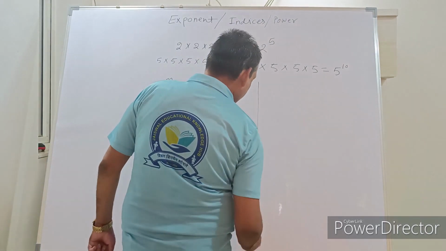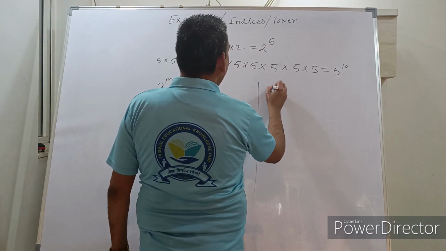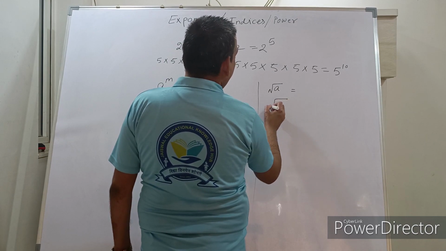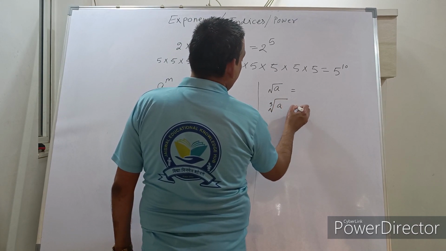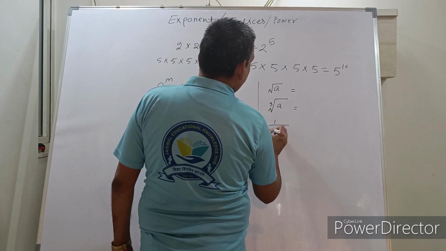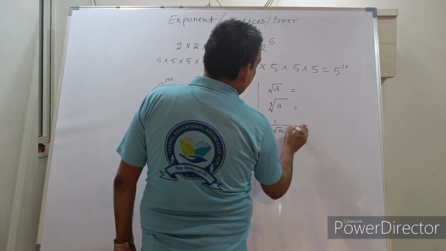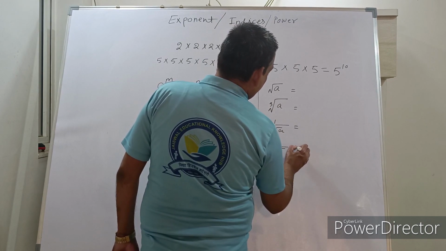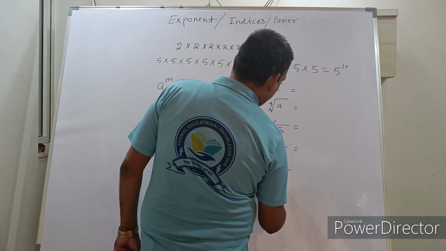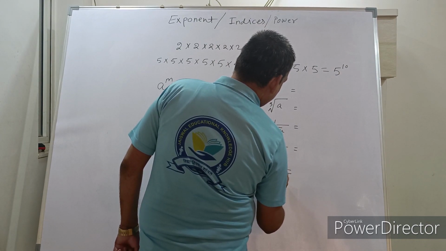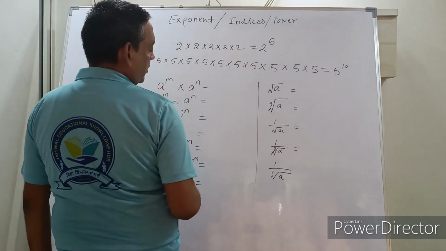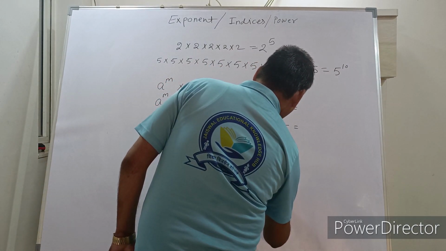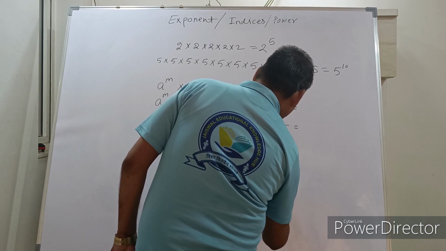In this only, we have to know what is the meaning of root a, what is the meaning of cube root of a, what is the meaning of 1 upon square root of a, 1 upon cube root of a, then 1 upon nth root of a, then nth root of a also without denominator.